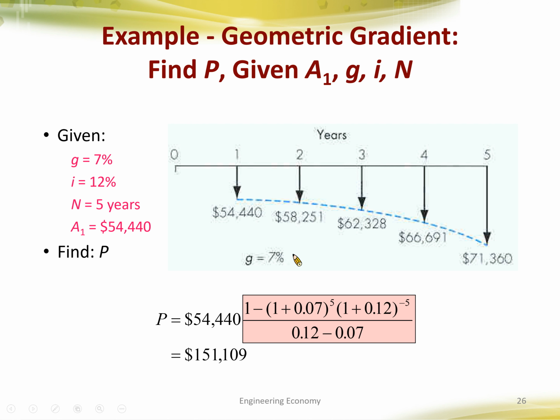Then we compute the result of the formula, multiply by 54,440, and we get 151,109. Quite easy. We can just look them up and find the coefficient, or compute the formula to get the result.